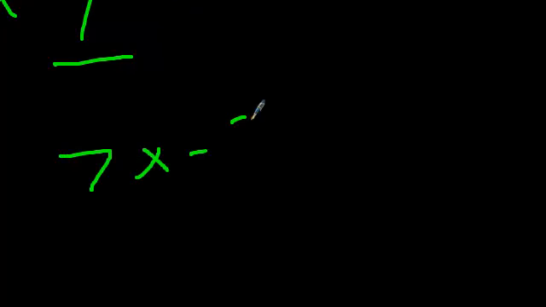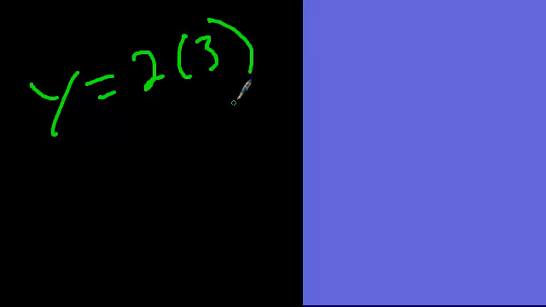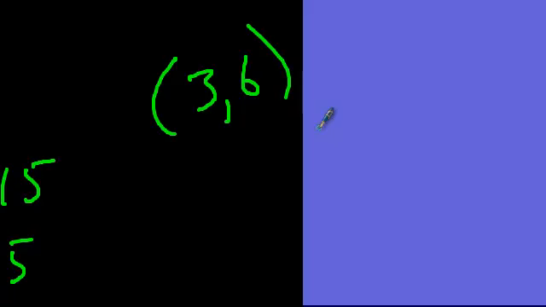So 7x minus 2x equals 15. 5x equals 15. X equals 3. And then y equals 2 times x, so 2 times 3, 6. So your answer is 3, 6. That's all this takes. That's all you have to do with this. It really is. I know it sounds kind of weird, but that really is all it takes.